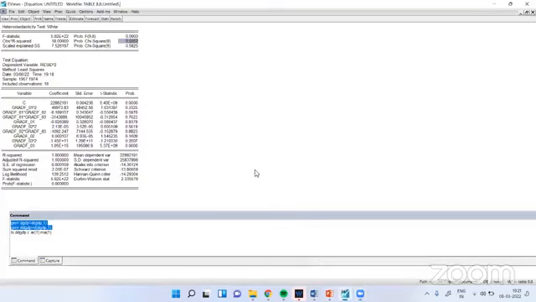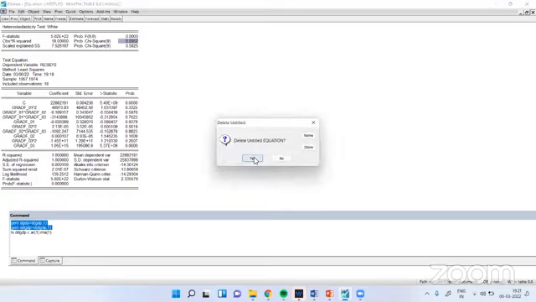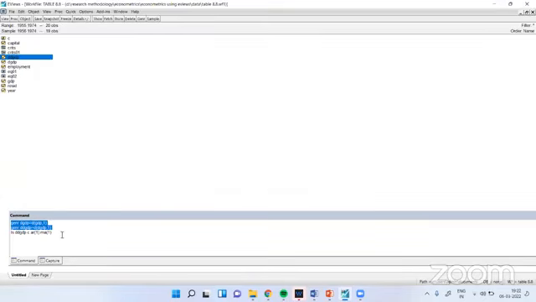Now, when we are done through this, the model has been created, right? I will close this. I deleted the equation only.